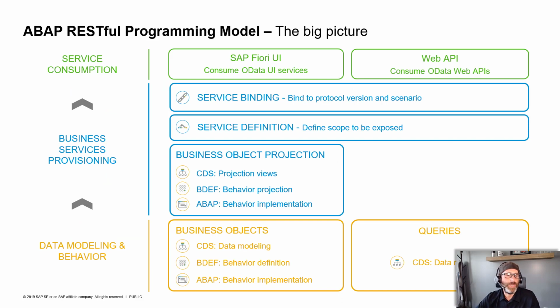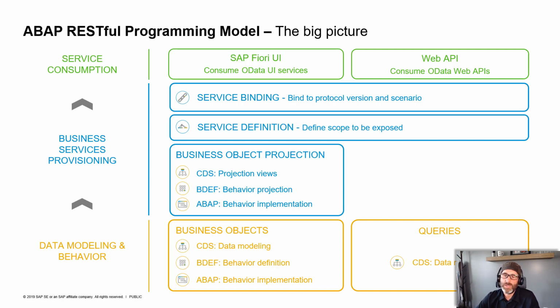Okay, so we're getting into the weeds here when it comes to the ABAP RESTful application programming model. We have three main layers here. The first one being the data modeling and behavior layer, where we define the data model itself, the monolithic business object, where we define our views, our view definitions, and our behaviors.